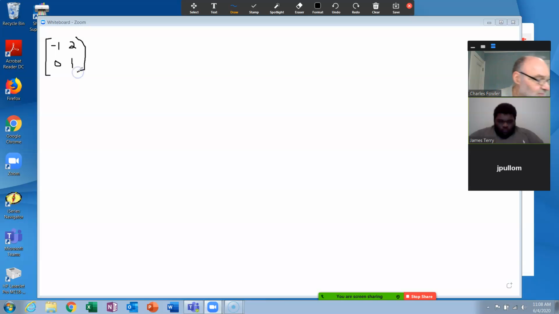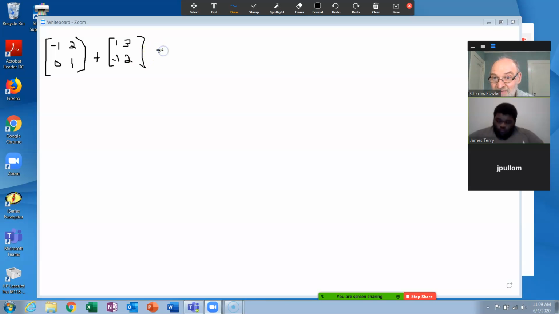And we're going to see if we can add it to this matrix. This matrix is 1, 3, -1, 2. Okay, I am getting a little more confident with this.